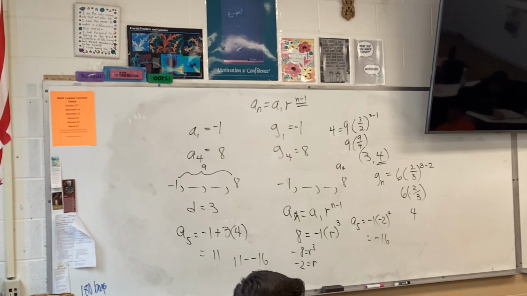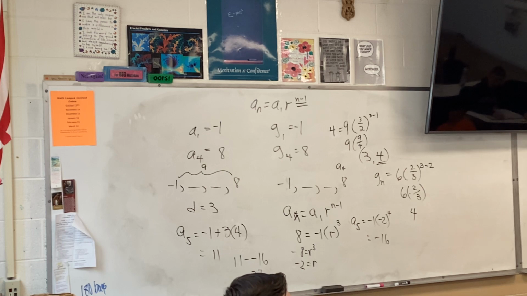It's neither linear nor exponential, but it is something. Do you remember what it is? Little review question. What are the differences? First one is 1, and then 3, and then 5, and then 7.